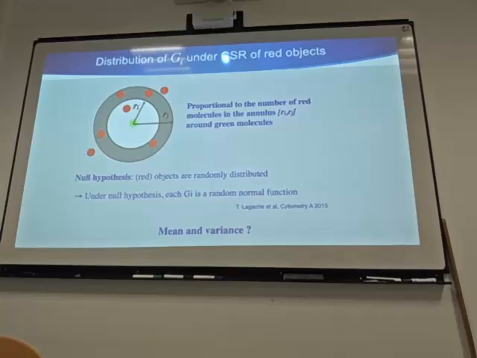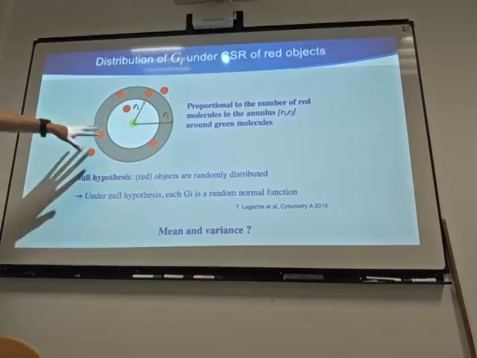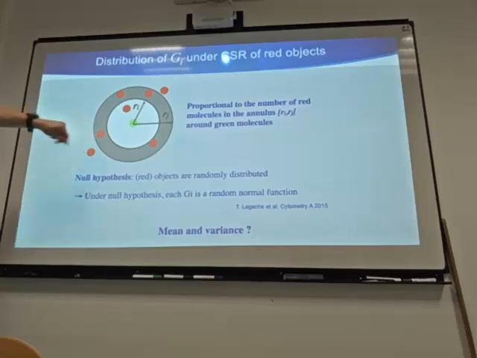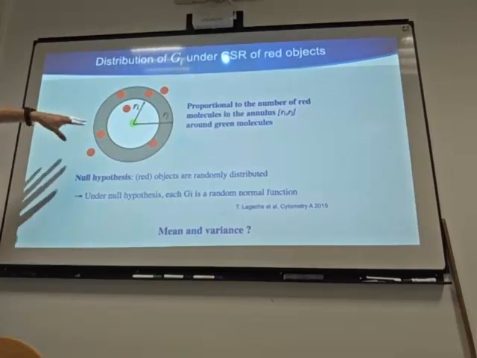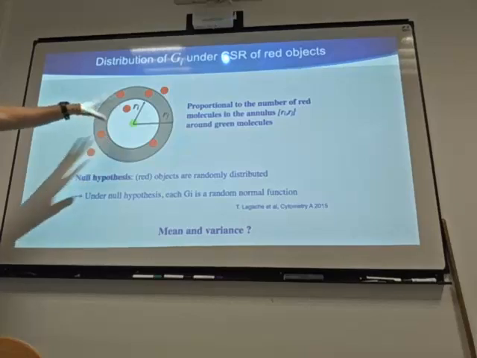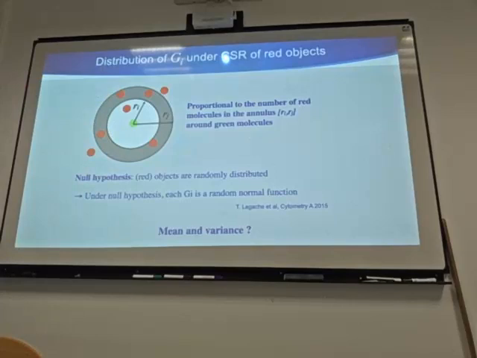It's a relaxed hypothesis stating that the number of red objects in the ring is proportional to the area of the ring, meaning that the red are spatially distributed. You have no hypothesis on the green, but the hypothesis that the red are randomly distributed in the domain.